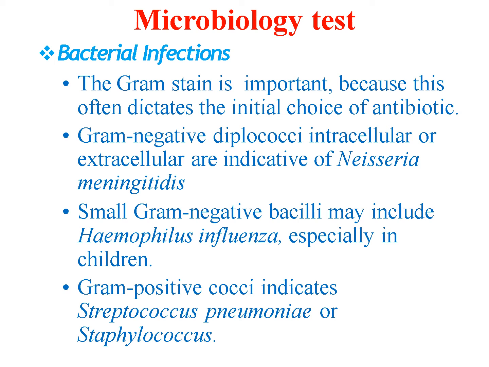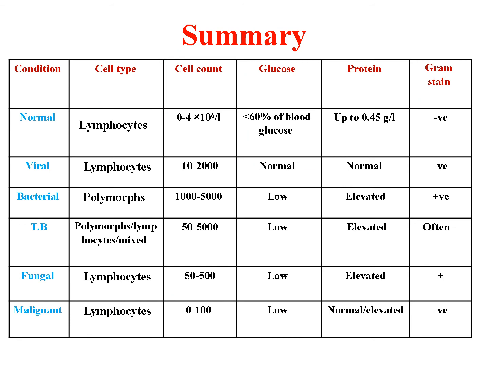Gram-positive cocci indicate Strep pneumoniae or Staph cocci. This table summarizes how to differentiate between normal, viral, bacterial, TB, fungal, and malignant conditions using different parameters like cell culture, cell type, cell count, glucose, protein, and gram stain.